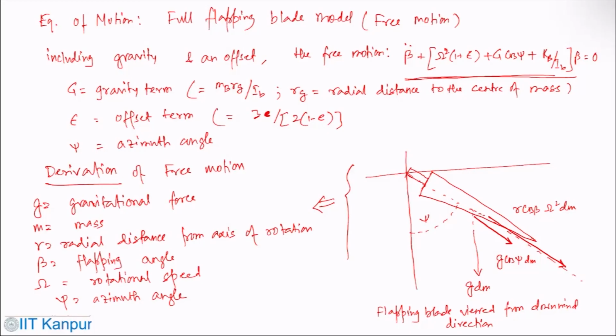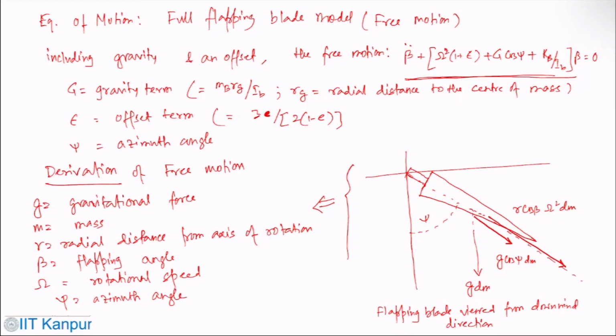So what we get is that the blade is turned out of the plane of rotation toward the viewer by the flapping angle beta. And the azimuthal angle is psi.